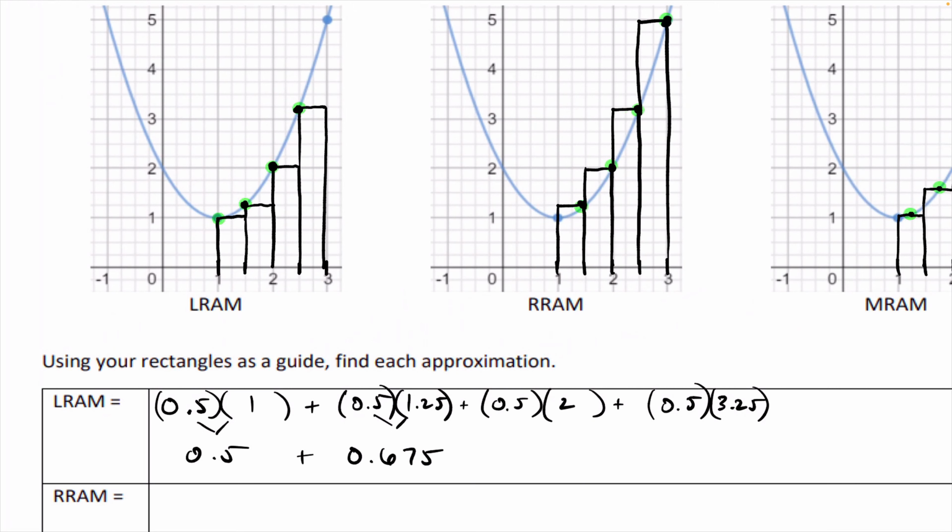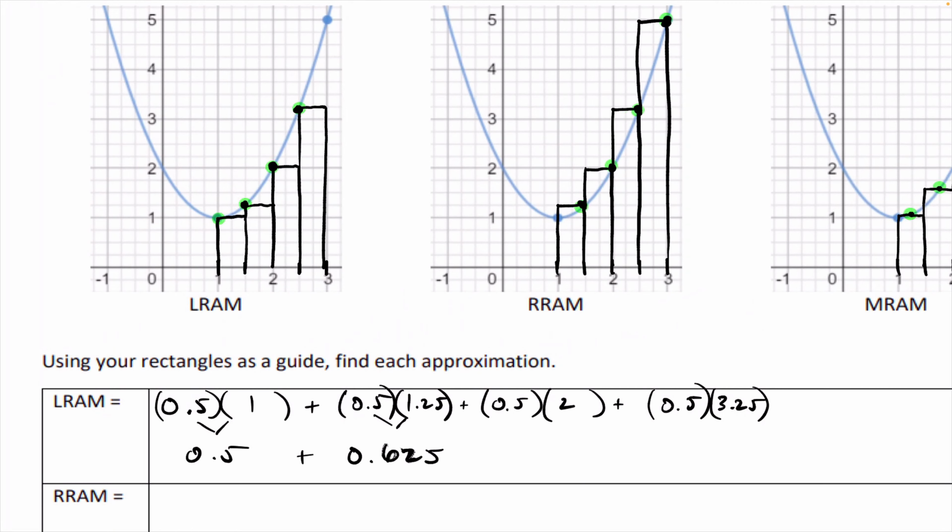0.625, I think. Is that right? This one's just a 1, so 0.5. Half of 1.25 is 0.625.